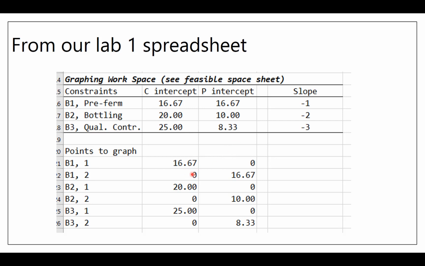And then so similarly, when you plot the P-intercept, the other variable needs to be 0. And so these are 2 points, and they're the only 2 points that I need for the first line graph. These 2 points I need for the second line graph, and these 2 points I need for the third line graph. So let me open my spreadsheet and we'll look at those steps in Excel.